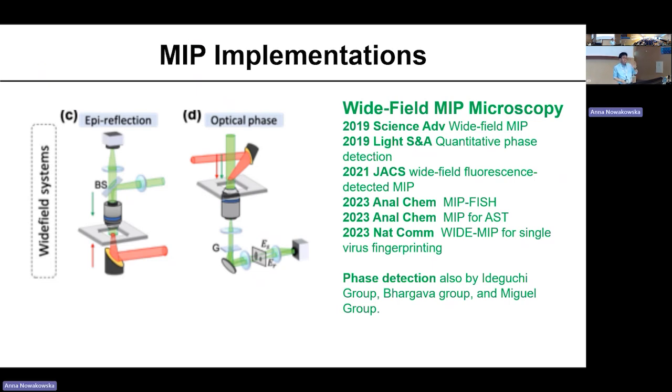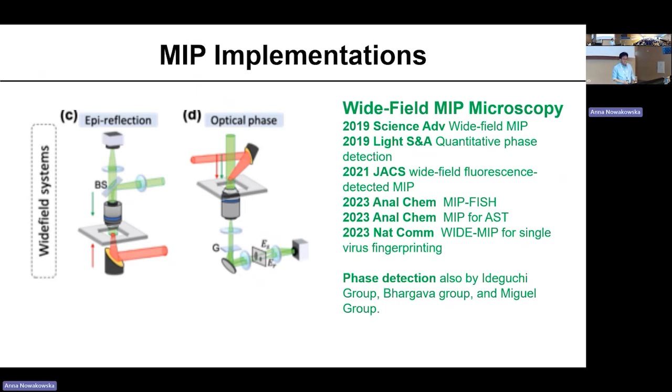You can measure two ways. One, you can measure the scattering, especially the interferometric scattering, and that can reach very high sensitivity, to the single molecule level. And the other, in transmission, you can measure the optical phase by measuring the refractive index change.